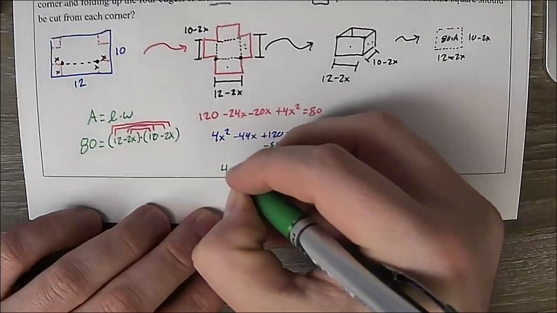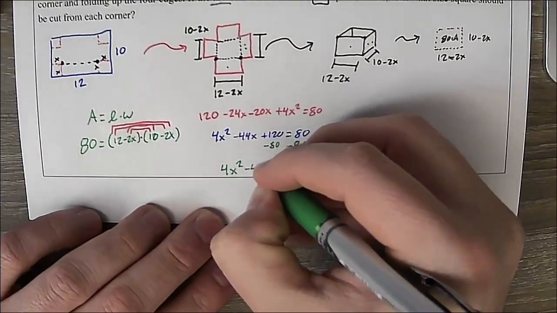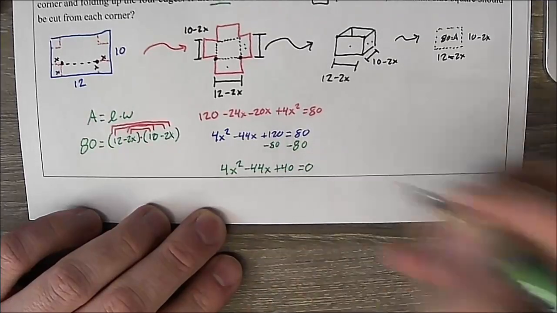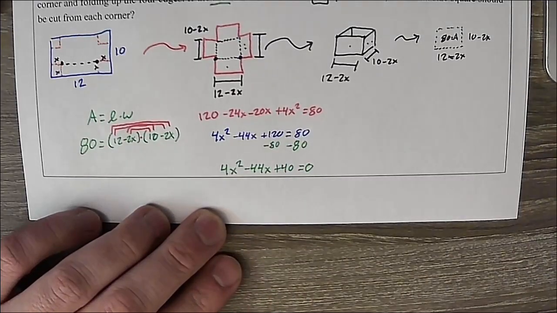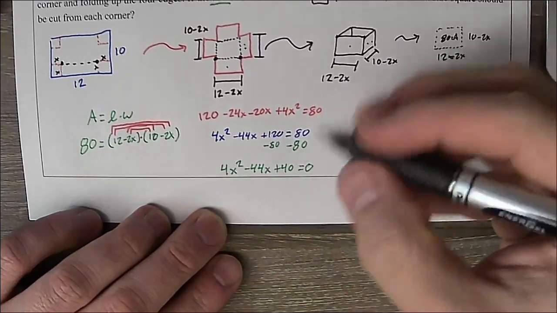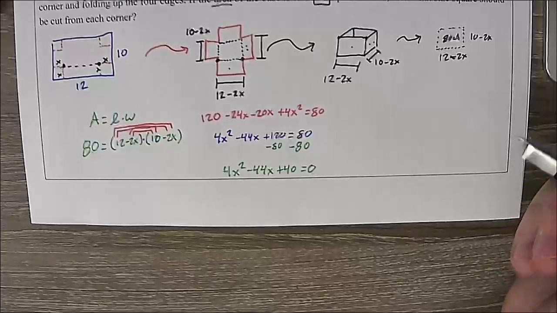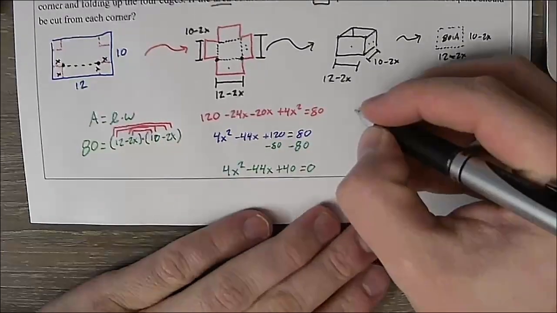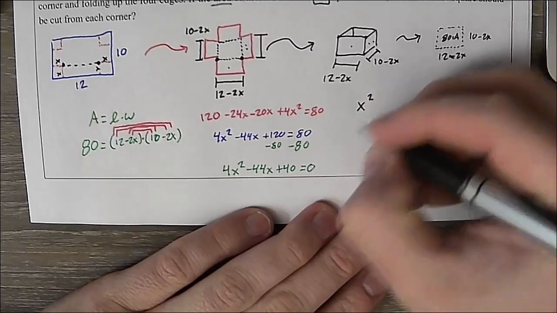That's going to leave us 4x squared minus 44x plus 40. I just find it easier to divide 0 by stuff than anything else. It's just one less math problem that I have to think about or grab my calculator in case the numbers are too large. Dividing everybody by 4.